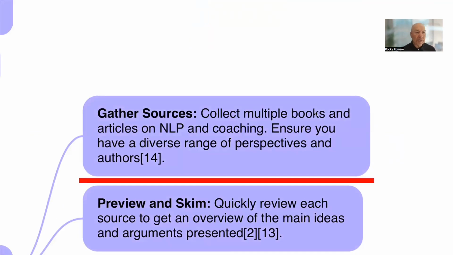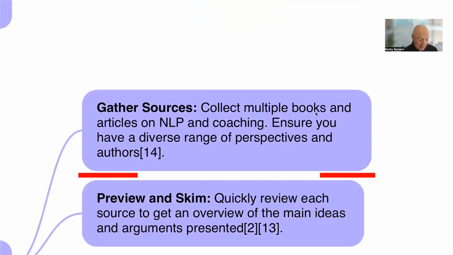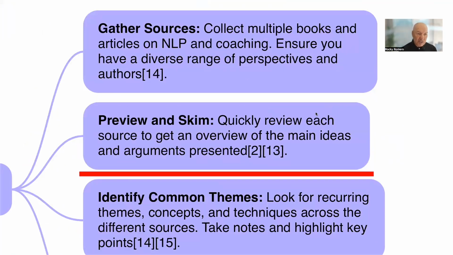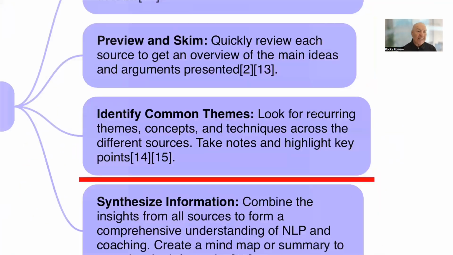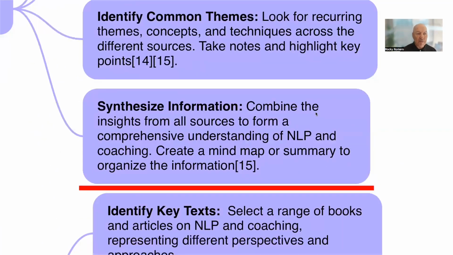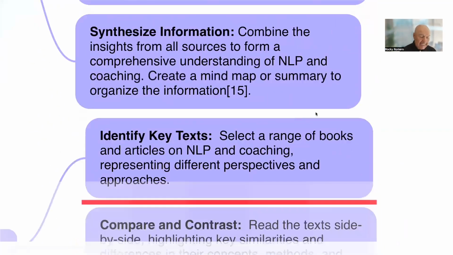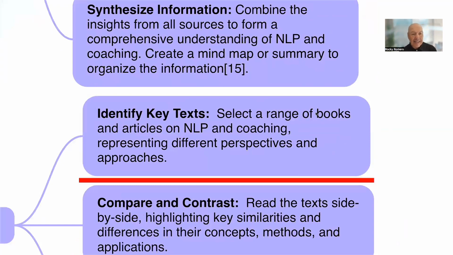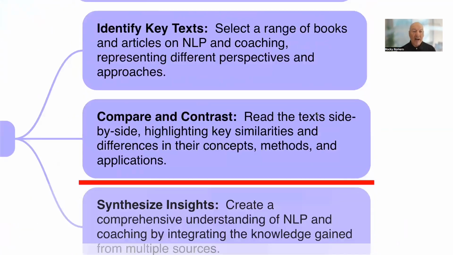Gather the resources, create multiple books on a particular topic, review them, skim them, identify the common themes, synthesize the information, combine the information, identify any key text that I want to capture, and compare and contrast.